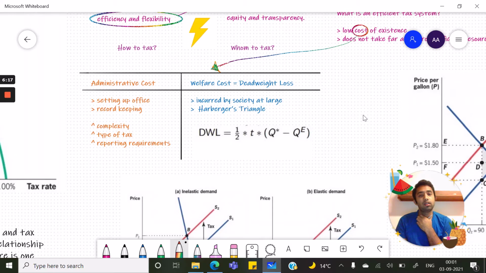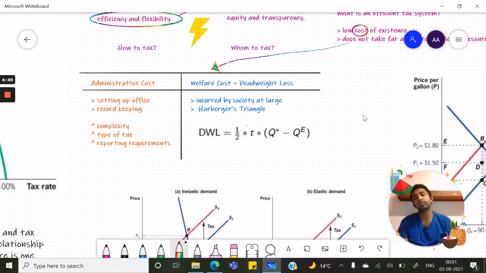And then creating systems through which people can file their taxes, right? But the administrative cost usually depends upon the complexity of the system. It also depends upon the type of taxes, and it also depends upon the reporting requirements, right? The other section of cost is the welfare cost, and in economics education, it is usually known as the deadweight loss, which is incurred by the society.